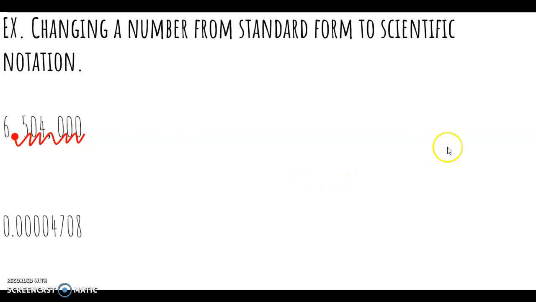So it would look something like this. I would continuously move it until there's only one number in front of the decimal because that's what it states it needs. And it can't be a 0. So I did that. So if I was going to write it from standard form to scientific notation form, it would be 6.504. Now all these zeros I'm not going to include because this tells me how far to move.